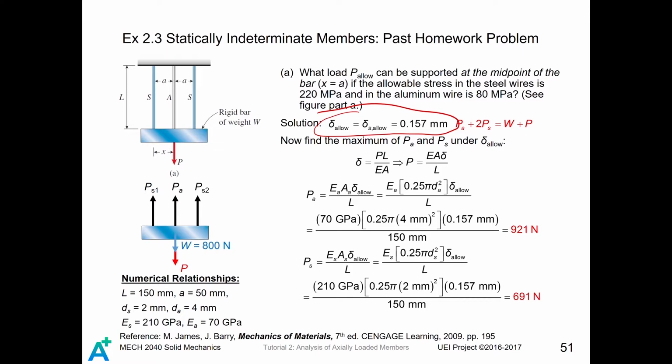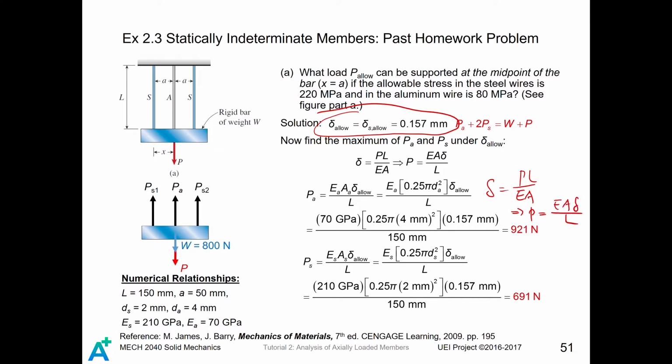Therefore, we also apply this deformation to that of aluminum and the steel. For the allowable load of aluminum, P, we change the subject of the deformation formula, delta equals PL divided by EA. That means P equals EA delta divided by L.